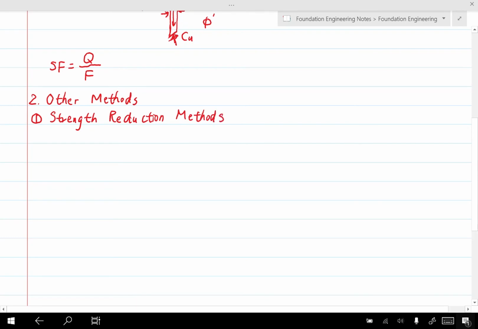Strength reduction methods are usually used with computer or numerical simulation. And in civil engineering, it's usually the finite element method.